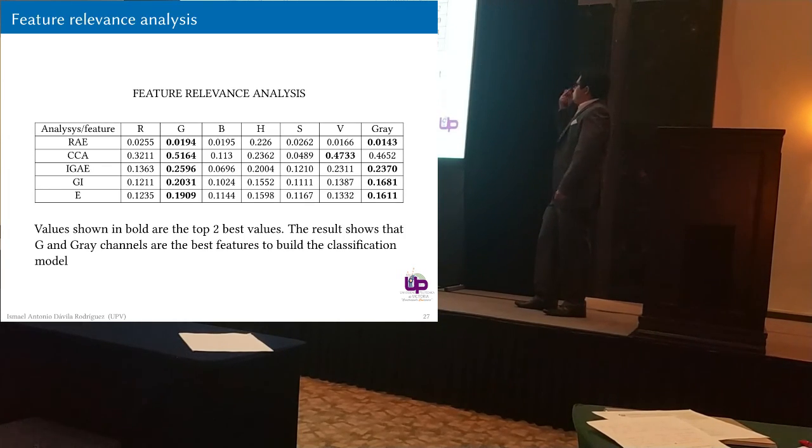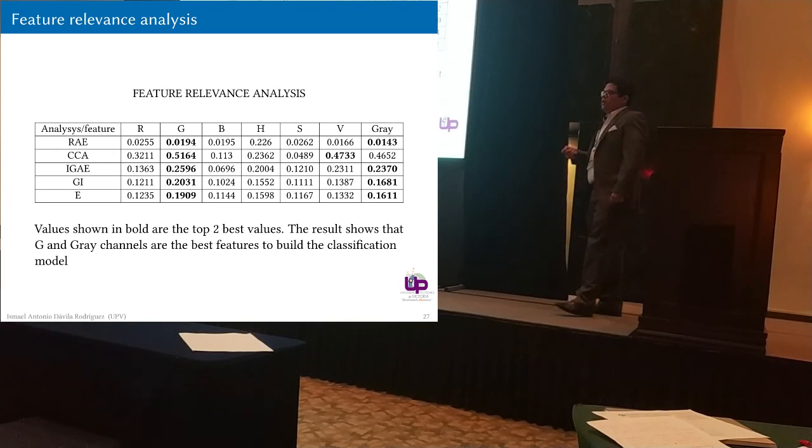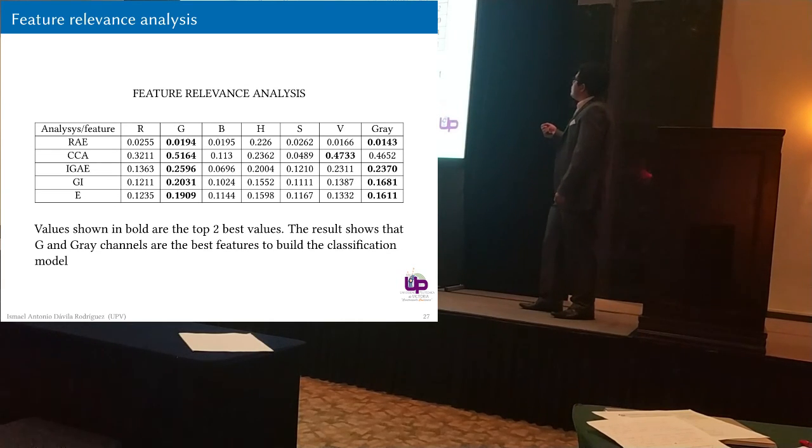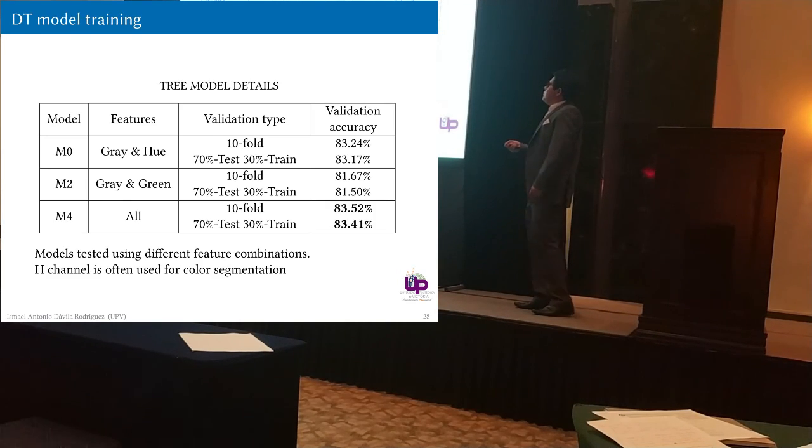Here is a feature relevance analysis, and the numbers in bold are the most relevant. The analysis points to the gray and green channels as the best features. Then, for model training, three models were built using different combinations.